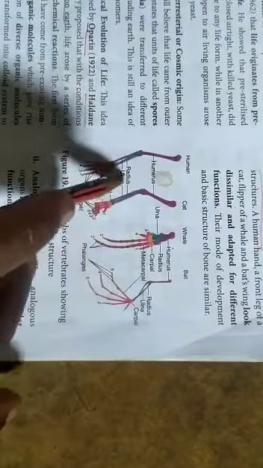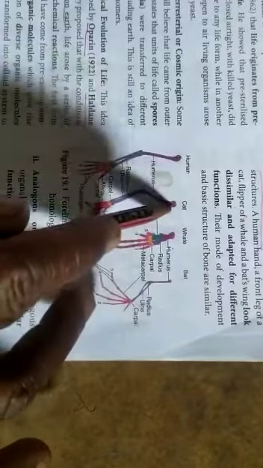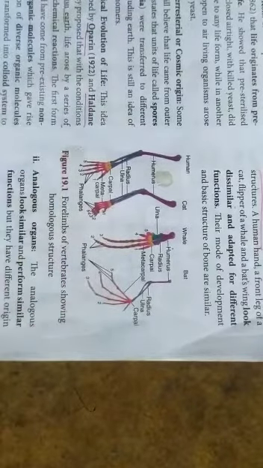Listen, here is the humerus bone, radius, ulna, carpals, metacarpals, phalanges. These are the bones that make up the cat and the human being. Like that, the same bones make up the whale and bat. Humerus, radius, ulna, carpals, metacarpals and phalanges are present.